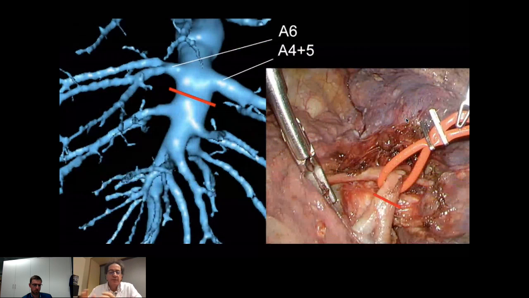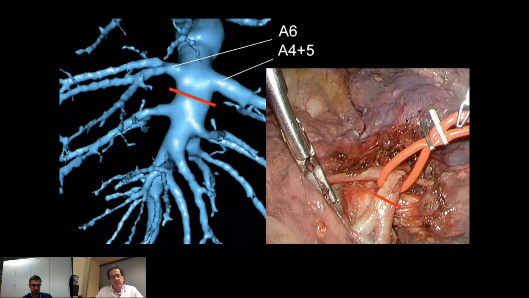I can show you this example that we have published on CTSNet a couple of weeks ago. So this is a patient who underwent a basilar segmentectomy. You see on the right side that the anatomy is extremely clear. And so we inject indocyanine green and expect to have a straight line between segment 6 and the basilar segments.